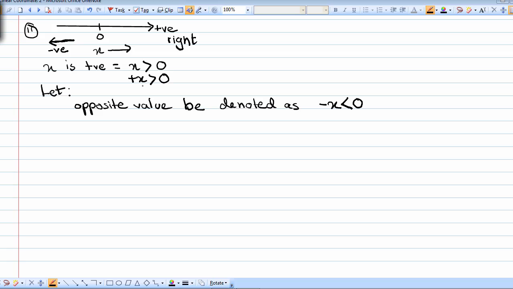I think this gets clearer for you. Positive x is greater than 0, which lies in the positive side of the number line. Then the opposite x, which lies in the negative side of the number line, will be denoted as negative x.